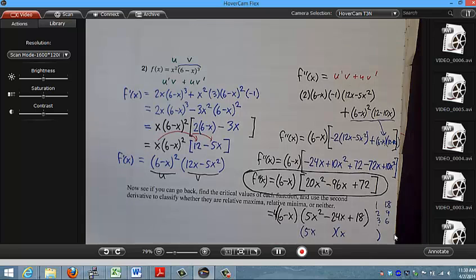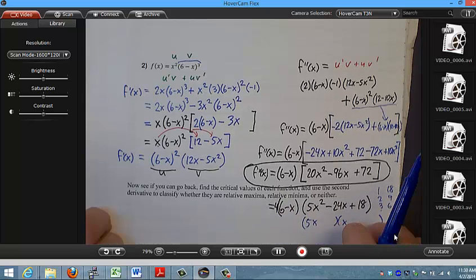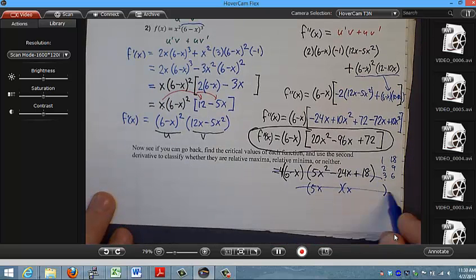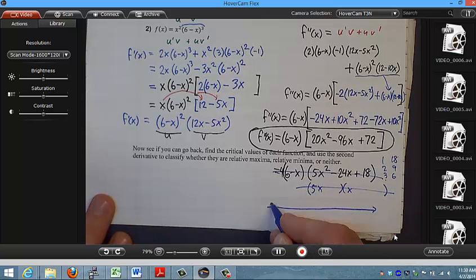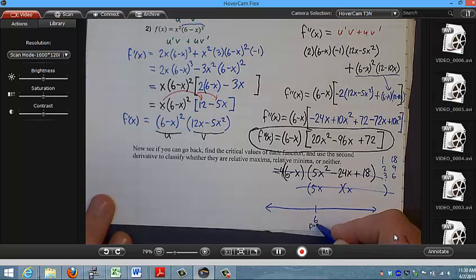So if I'm going to go ahead and do some kind of a second derivative test, what I really want to do, I was not able to factor, unfortunately, but what I really want to do is draw a number line. And I want to put the number 6 on there because I know that f double prime of 6 is 0.